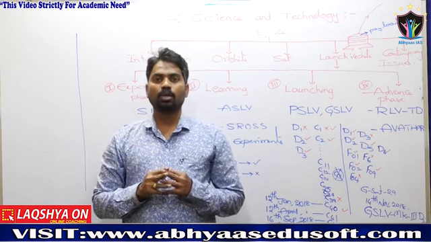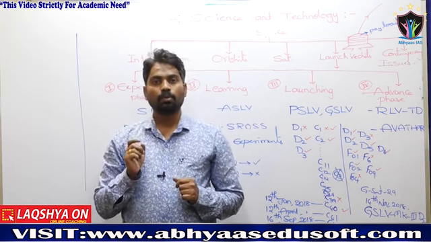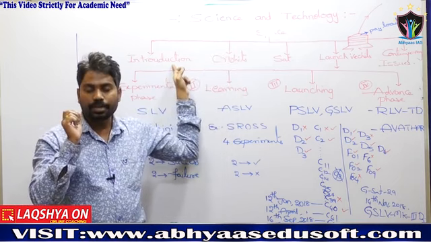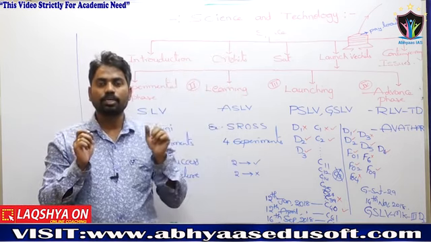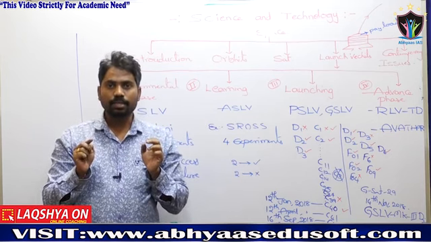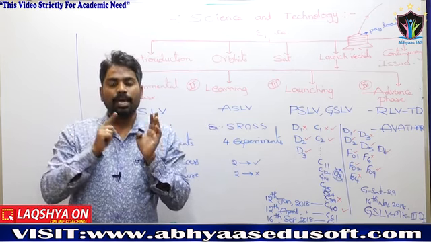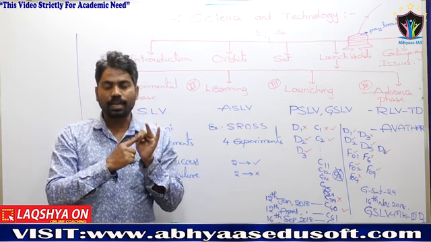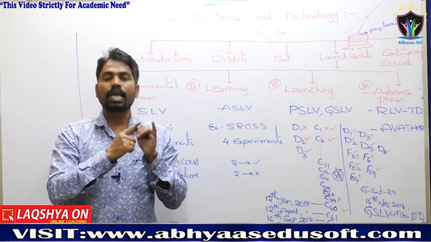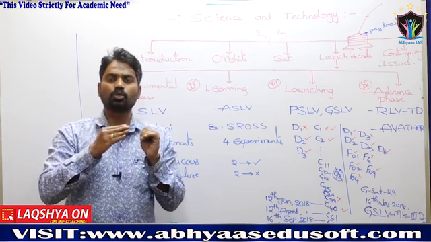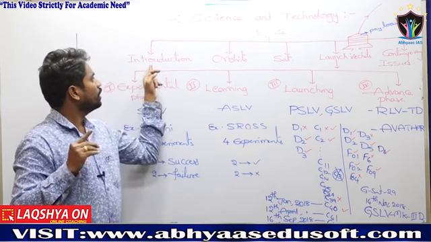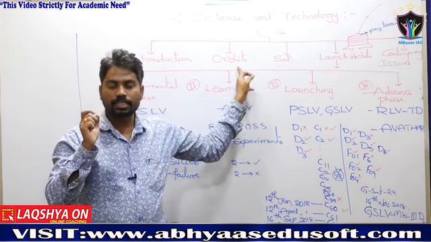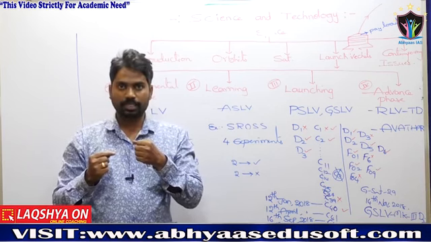In the previous class, we already discussed the introduction of space. In that introduction, we discussed some scientific terms like space probe, space laboratory, space shuttle, rovers, capsules, as well as orbits and types of orbits.